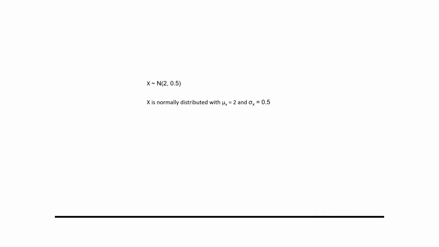Now, if instead of a standard normal z variable, we have an x variable, normally distributed, and here with mean 2 and standard deviation 0.5, we'd like to know what's the probability that x is less than or equal to 1.595.